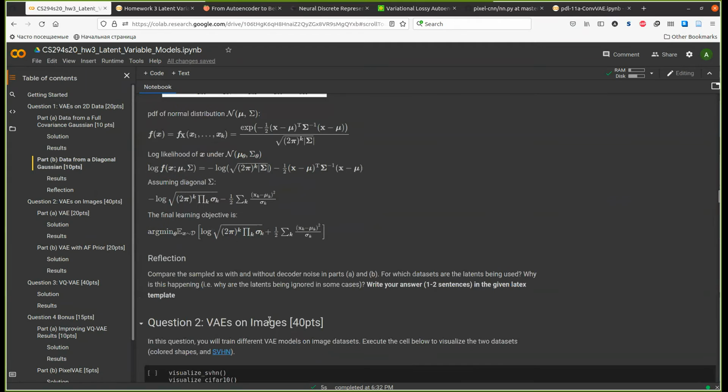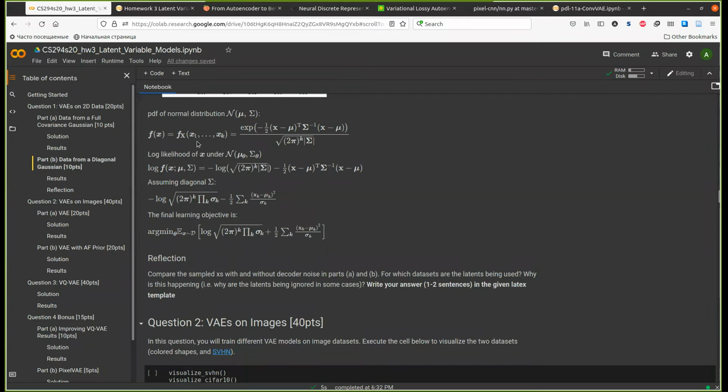Basically, to understand what is going on here, I just wanted to look at the relay. As I said, the mean squared error is the maximum likelihood estimator for the normal distribution with fixed variance.